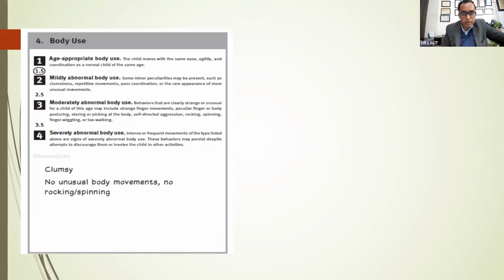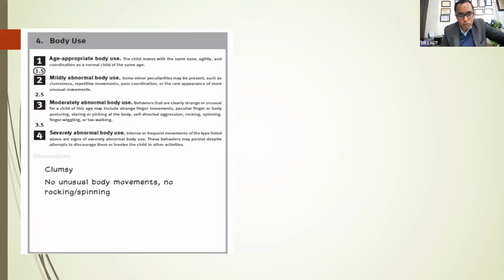So in this category, there was no unusual body movement, no rocking, spinning, but yes, there was clumsiness in the child. So that means the child was mildly abnormal, but he has been given a score of 1.5. Why was the score of 1.5 given? Because he is not normal, but he is a little better than mildly abnormal. In mildly abnormal, the description is: some minor peculiarities may be present, such as clumsiness, repetitive movements, poor coordination, or rare appearance of more unusual movements.